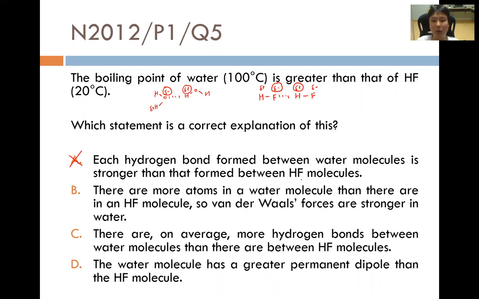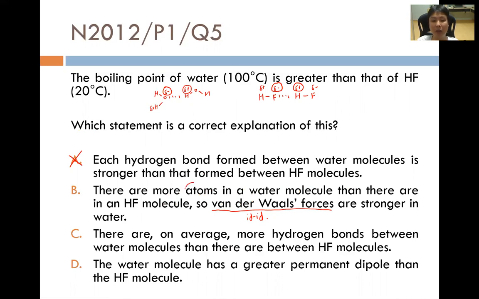Option B: there are more atoms in the water molecule than in the HF molecule, so van der Waals forces of attraction are stronger in water. This van der Waals forces of attraction usually refers to ID-ID interactions. Again, I remind you the two factors that determine the ID-ID forces of interaction: the polarizability of a molecule, which basically depends on the number of electrons in the molecule.